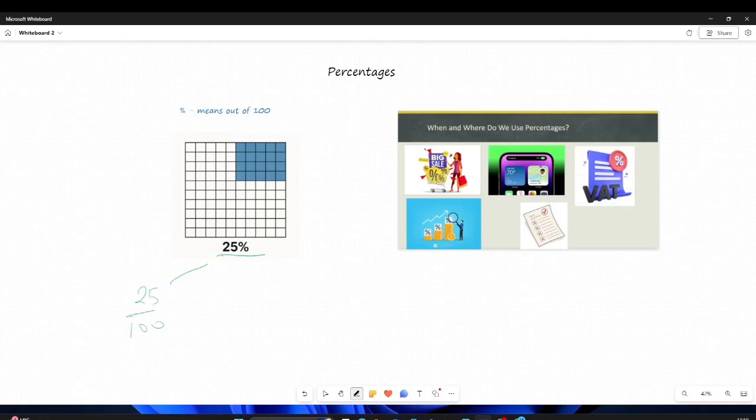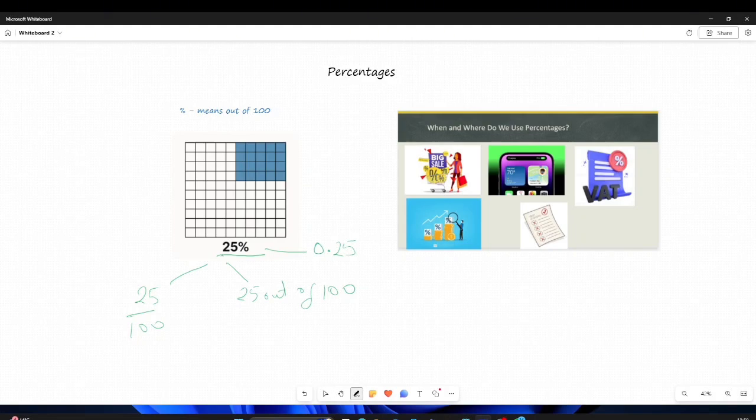You can also say 25 out of 100. That could also be 25%. We can also represent that as a decimal, which is going to be 0.25.